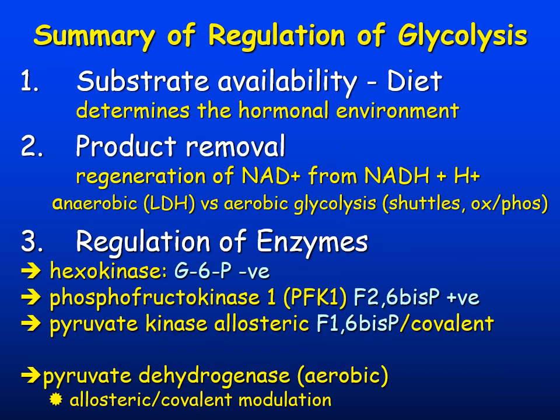So in conclusion, we've looked in depth at the regulation of glycolysis through its key rate-limiting steps and its irreversible steps, which are hexokinase, phosphofructokinase 1 or PFK1, and the last step of glycolysis, pyruvate kinase. And although not specifically a glycolytic enzyme, we've also looked at the regulation of pyruvate dehydrogenase.